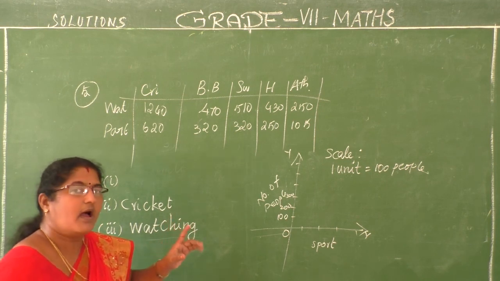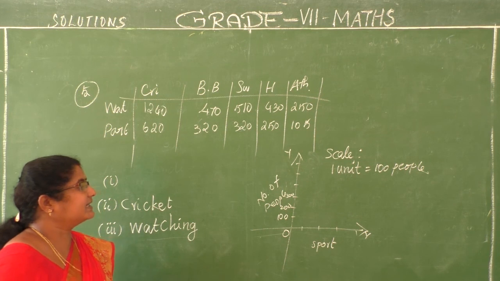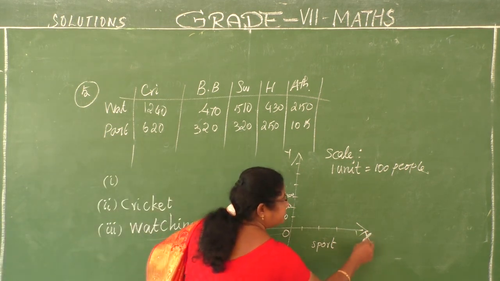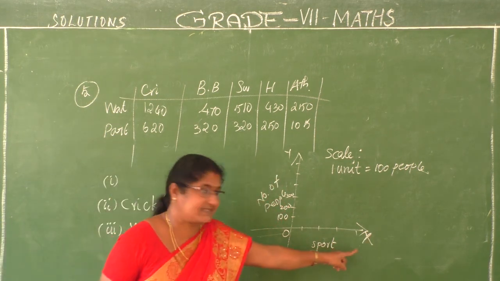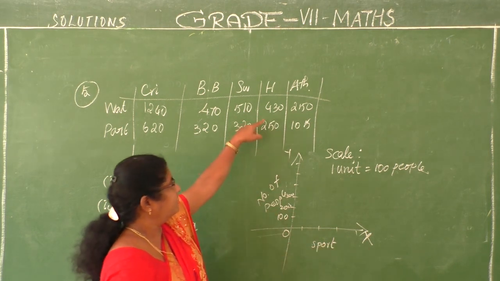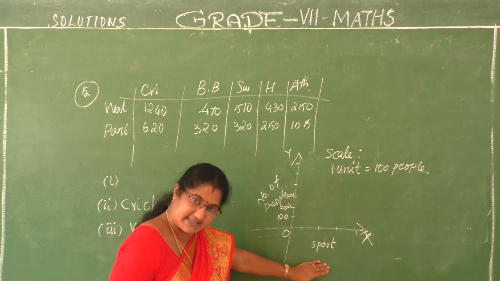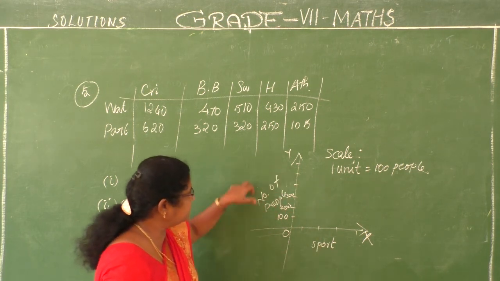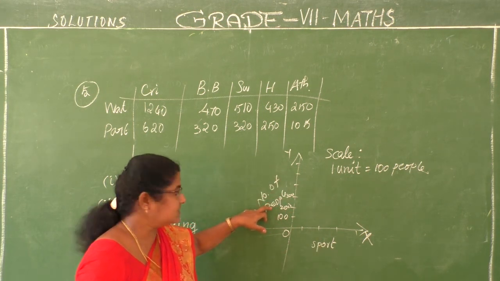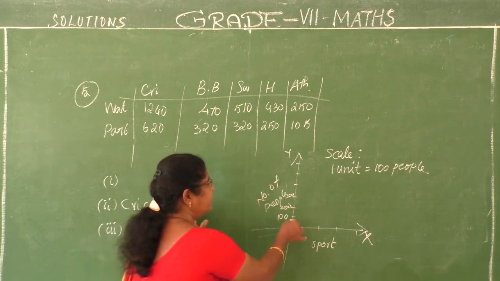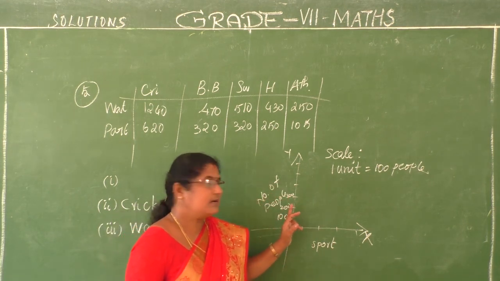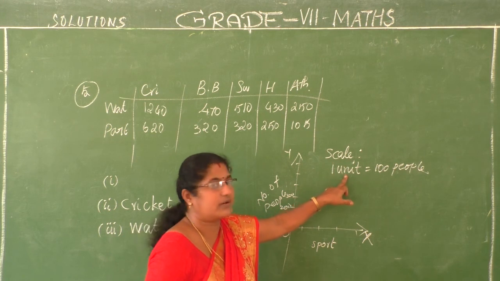Good, correct. Then while drawing the graph, draw the x-axis and the vertical y-axis, and you have to write what you represent on the x-axis and what you represent on the y-axis. Then draw the scale lines very carefully, and write the scale here.